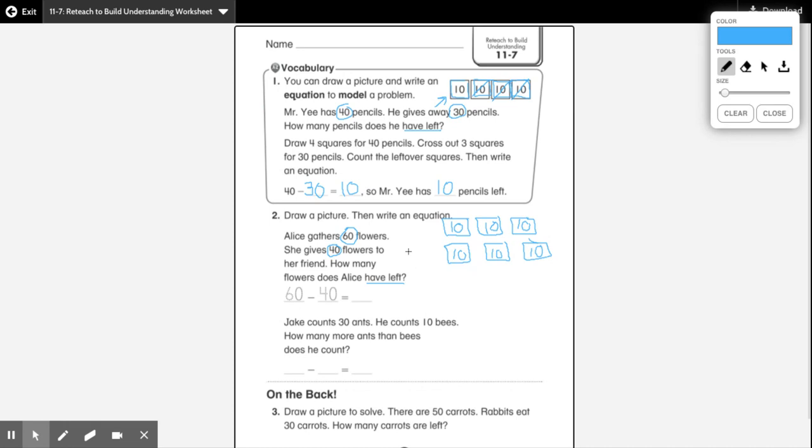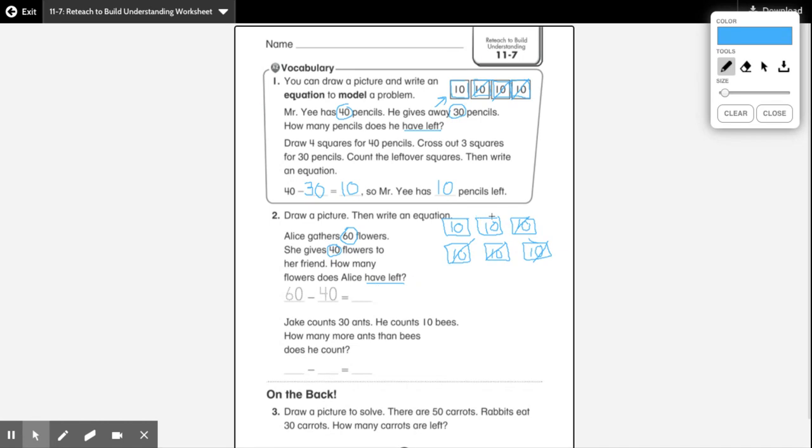Okay. Now she's giving away 40 flowers, which means I need to cross off 40. And since each square is worth 10, I'm going to cross off 4 tens. Ready? 10, 20, 30, 40.